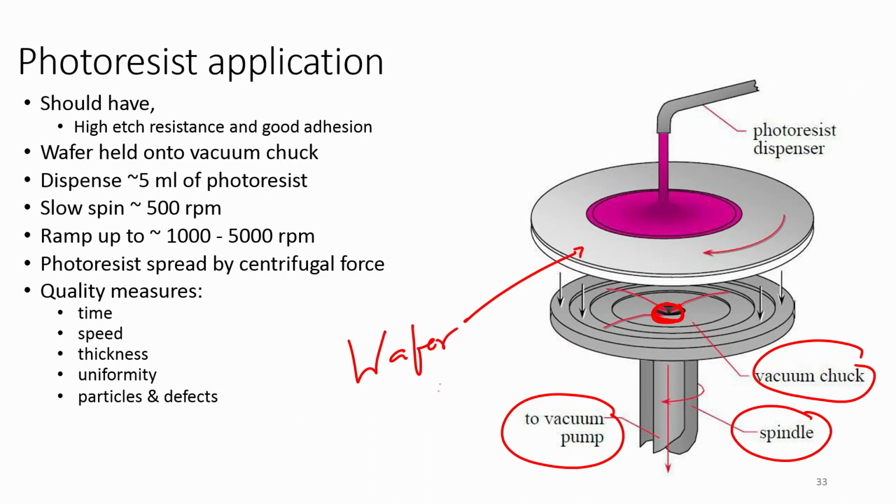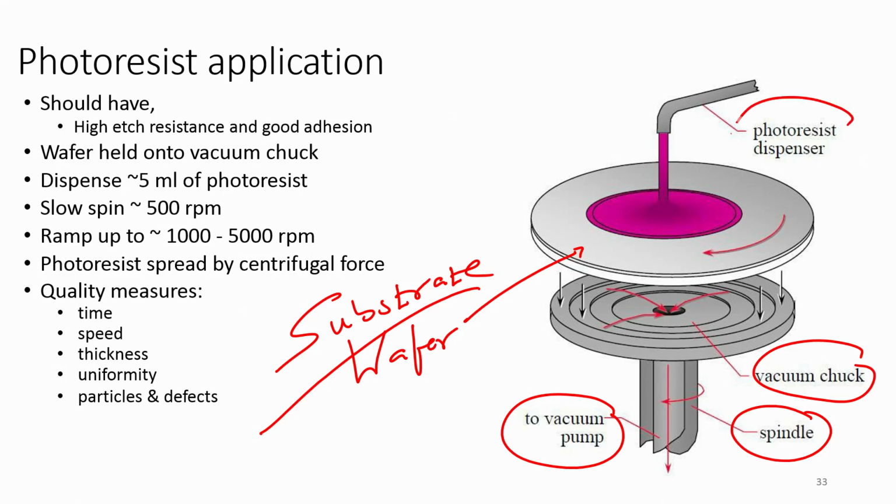Wafer, we can also say substrate, and the substrate is held onto this vacuum chuck with the help of vacuum. Once it is attached through vacuum, then we start dispensing photoresist.